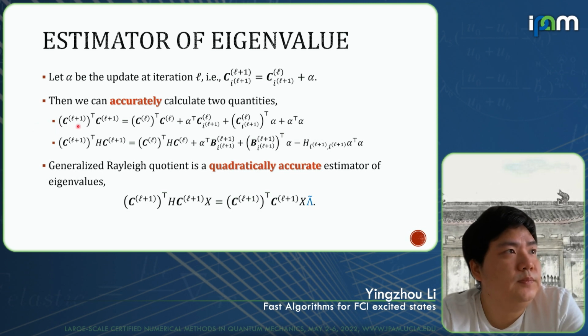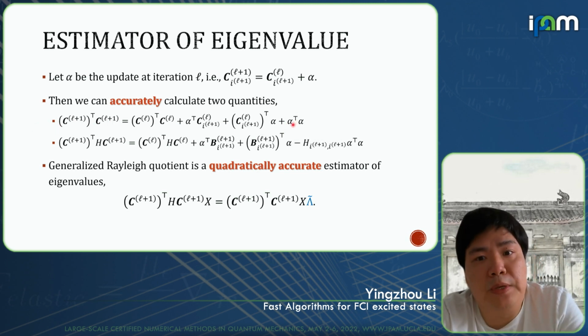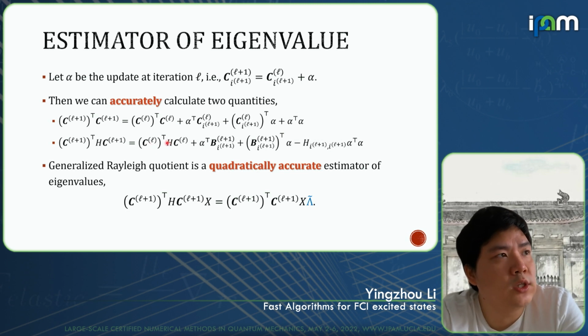And nothing involves B, so this value will be accurate. For the second value, C transpose HC, if we write it down, we have the previous quantity plus alpha times B plus B times alpha plus the diagonal entry of H times alpha transpose alpha. Two of these terms are accurate, and only the middle part involves B.